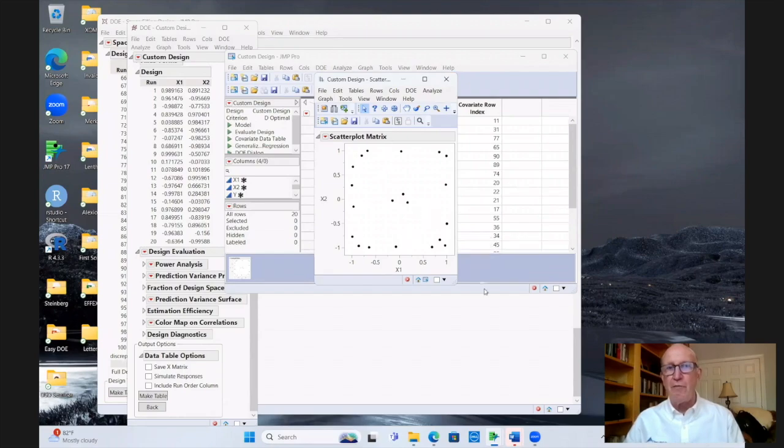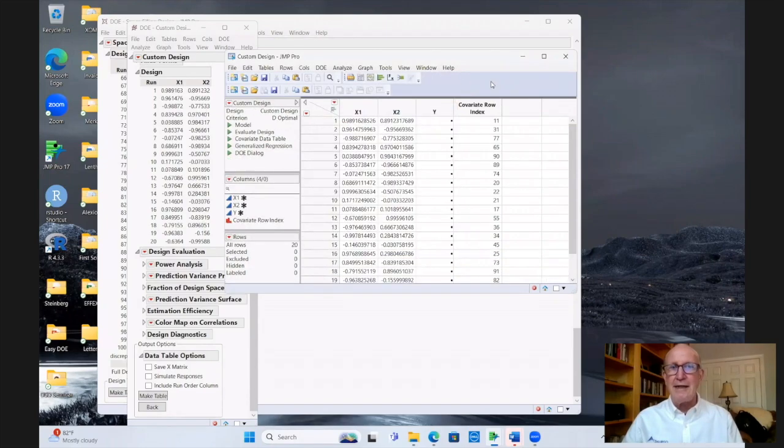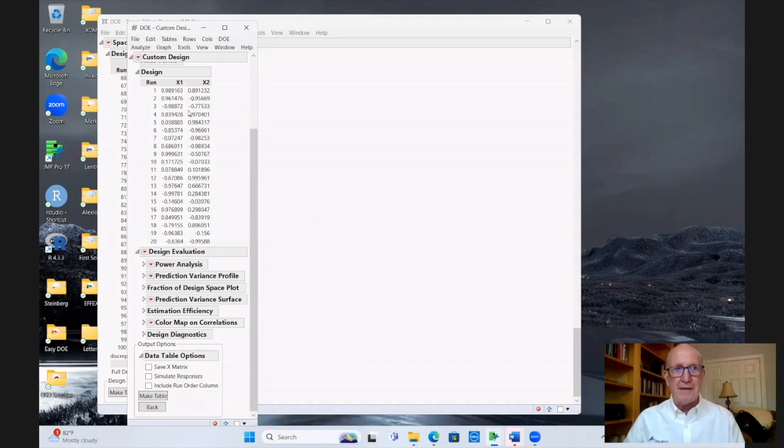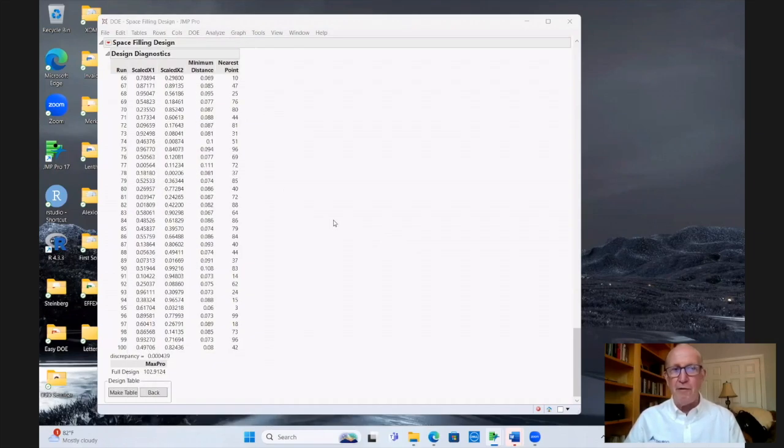This would support very well a full quadratic model. And it would allow you to look at more complex functions because you have a lot more levels. So this is just an idea of a new thing that hasn't been proposed before, as far as I know.